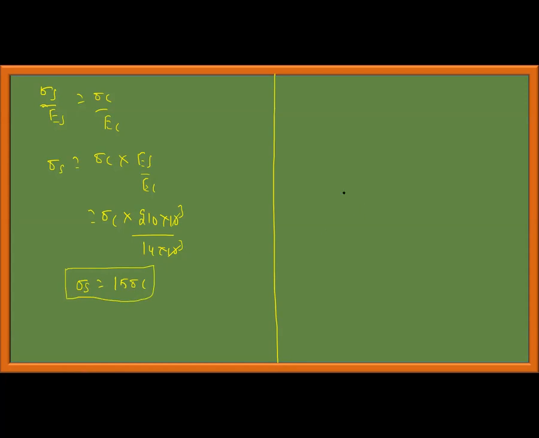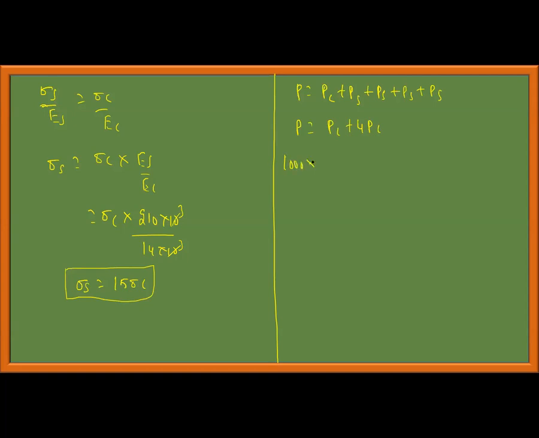And we know the second relationship. The load is shared by the concrete plus the 4 steel bars, so P is equal to PC plus 4 PS. The total load is given as 1000 kilonewton.